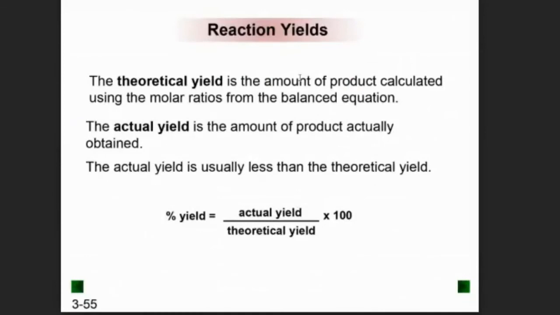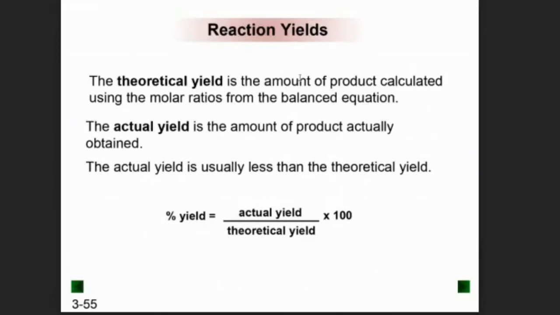Reaction yields. The theoretical yield is what you calculate. So you would take one of the reactants, the limiting reactant if you had a choice, and you would convert it into the product. Yield means product. So the theoretical yield would be if I did it perfectly.